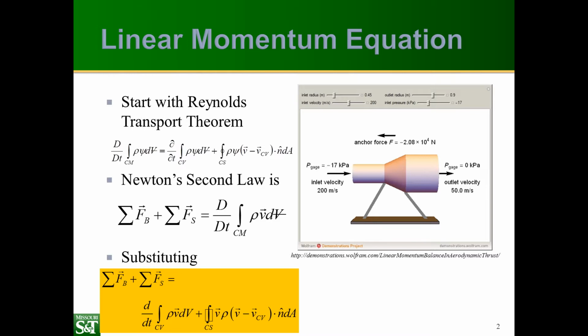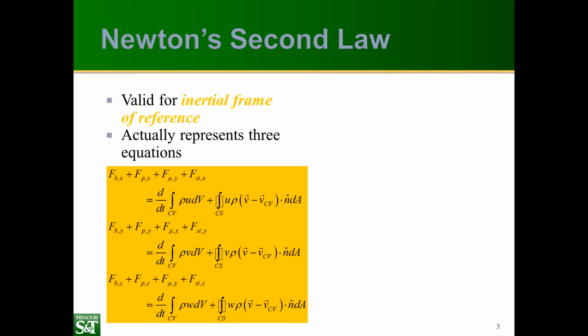So moving on, we can expand this out. This is valid for an inertial frame of reference, which means it's not accelerating. So there's no acceleration of our control volume for this case. And it actually represents three equations, one in the x, one in the y, and one in the z. So here we have a body force, a pressure force, a friction force, and then what we call a structural force or an other force that's acting on the fluid.